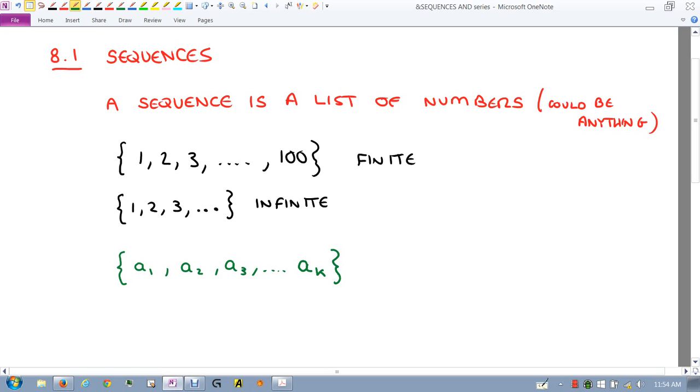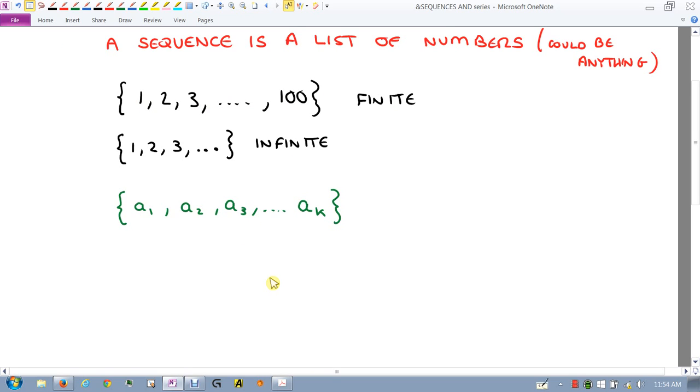How many elements are in this sequence here? K of them, right? But if you have this, the 3 dots implies that it goes forever, which means there will be infinitely many elements in that sequence.